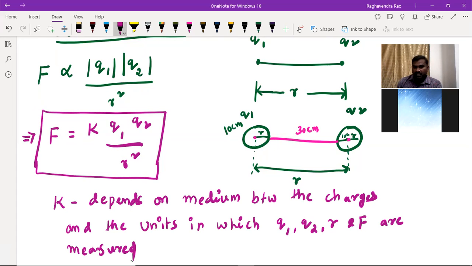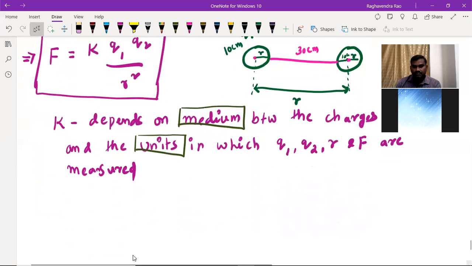The value of k depends on the medium between the charges, and also on the units in which the force, charges and distances are measured. Based on those units, the value of k will depend.